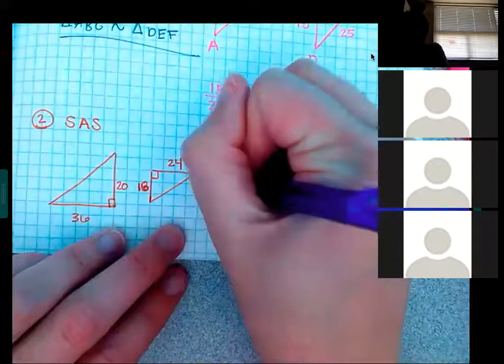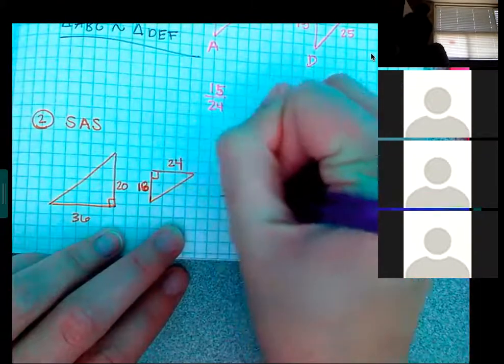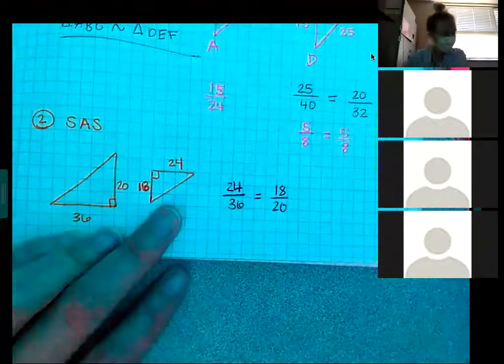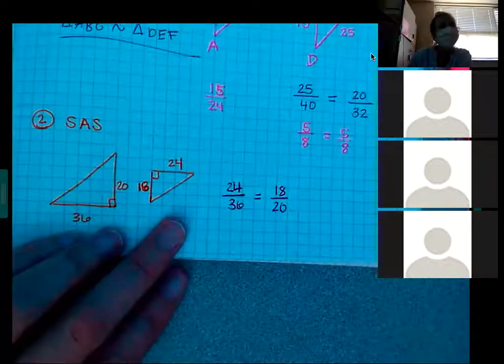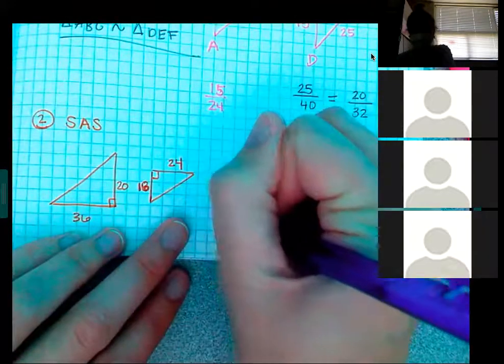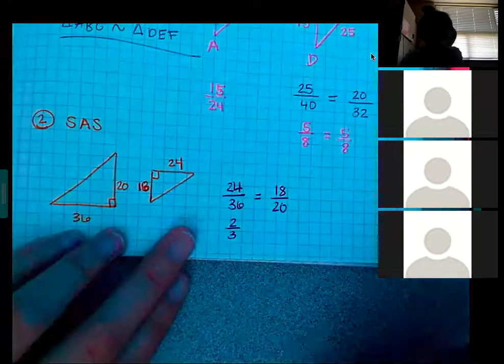If I do 24 over 36, like she said, and set that equal to 18 over 20, what is 24 over 36 reduced to? It reduces to, what did you say? 2/3. 12 goes into both of them.